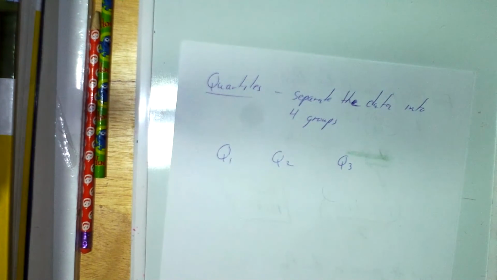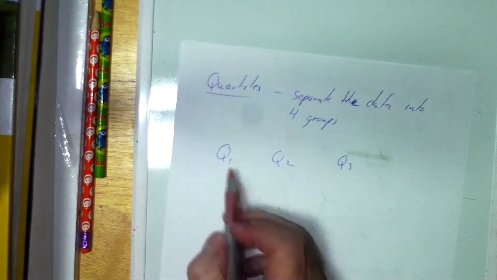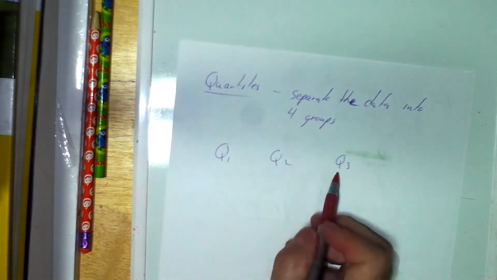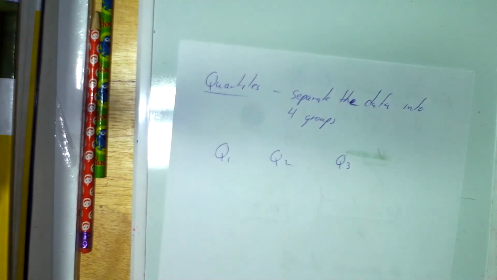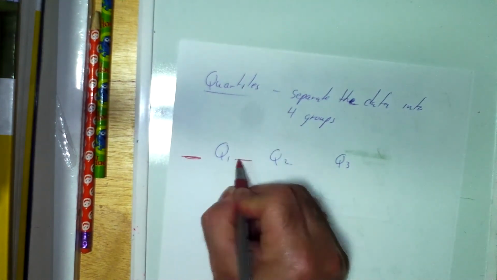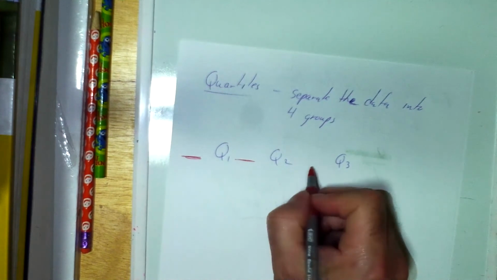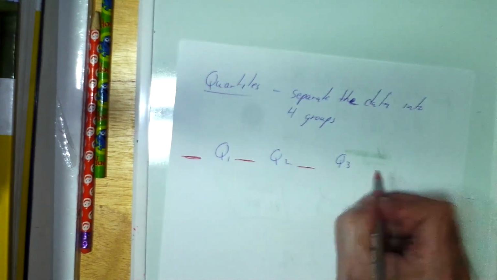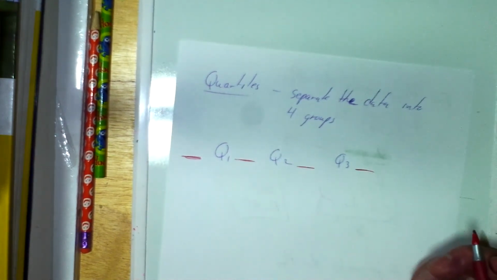All right, okay, so you're saying, wait a minute, sir, I only see 3 numbers, Q1, Q2, Q3. Shouldn't there be a Q4? No. There's no Q4. These values split it up into 4 groups. You have a group before Q1, a group between Q1 and Q2, a group between Q2 and Q3, and then a group after Q3.